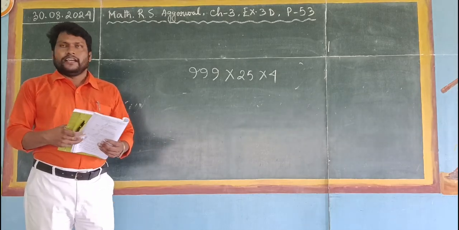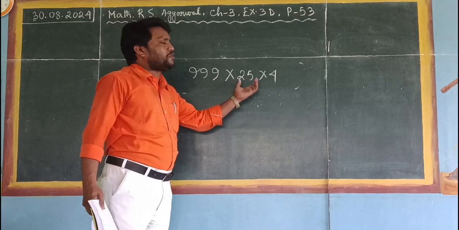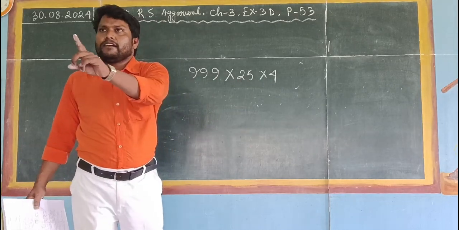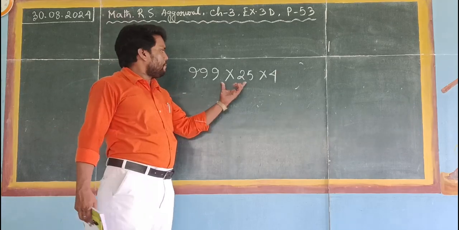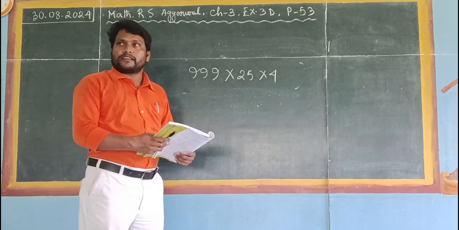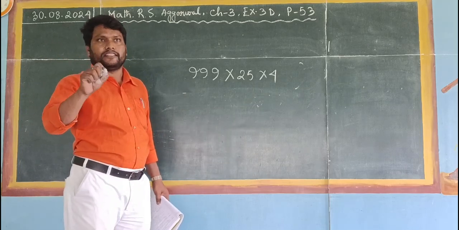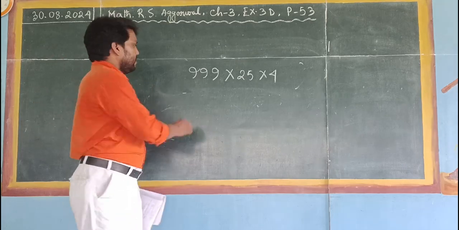If you at first multiply 999 by 25, it will take much more time, minimum 5 or 6 or 10 minutes. But if you arrange suitably, then the multiplication will be quick.